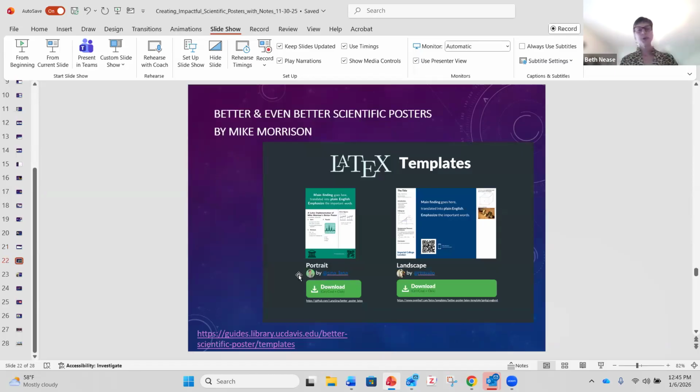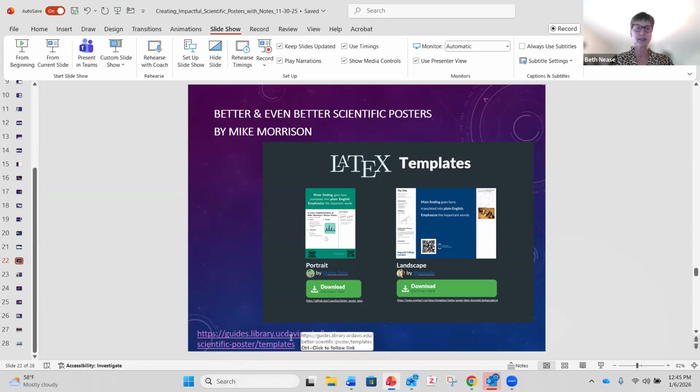Okay, I want to talk about this a little bit. Most of us can't do this because of the requirement to use the university template, although I did see Johns Hopkins use this at the last SNRS conference. And I know we have somebody from Johns Hopkins on the call, so curious if this is still an option for you all. So Mike Morrison has a great video, and it's linked down here.